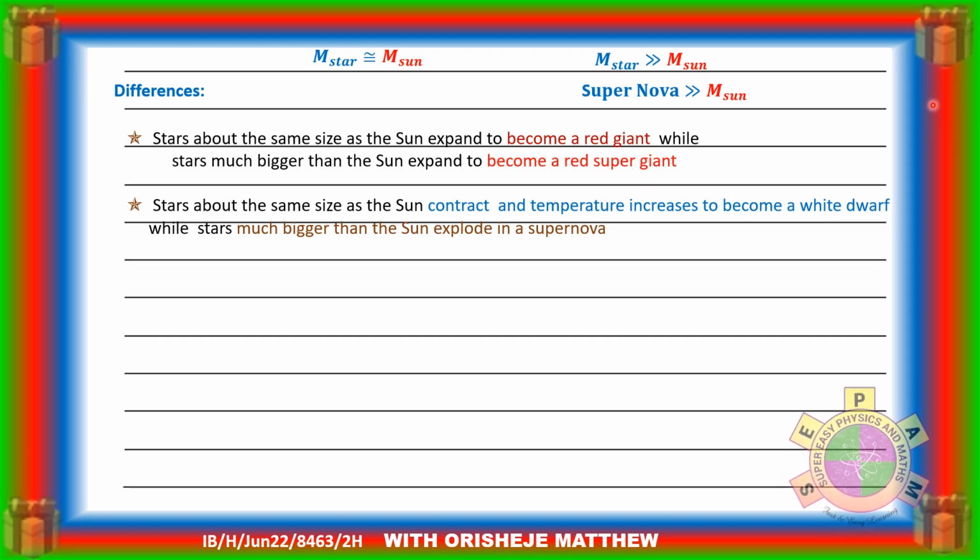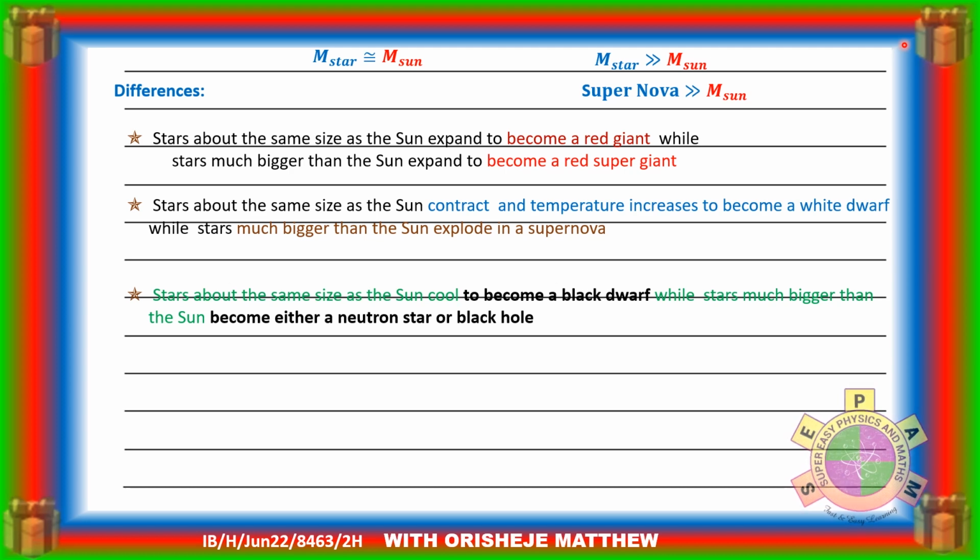The third difference: stars about the same size as the sun on cooling become a black dwarf, while stars much bigger than the sun become either a neutron star or a black hole. So with this, we have 3 differences and 3 similarities. Each of them that you state will give you 1 mark, which makes up the 6 marks awarded to this question.